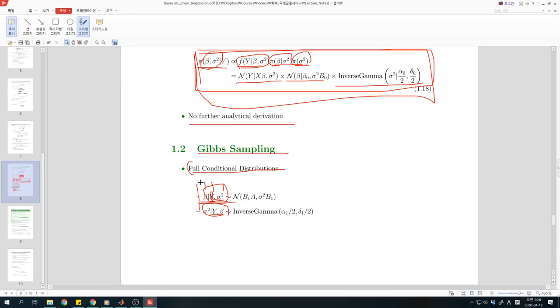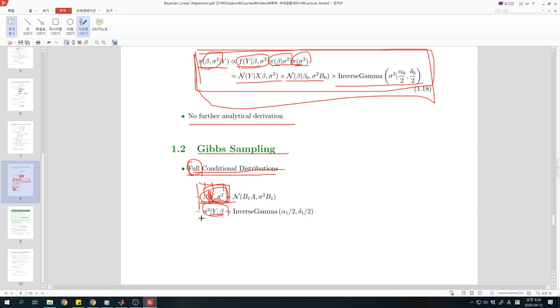According to this, this is the conditional distribution of beta given all the other random variables. So the other random variables are fully given. That's why it's called the full conditional distribution.